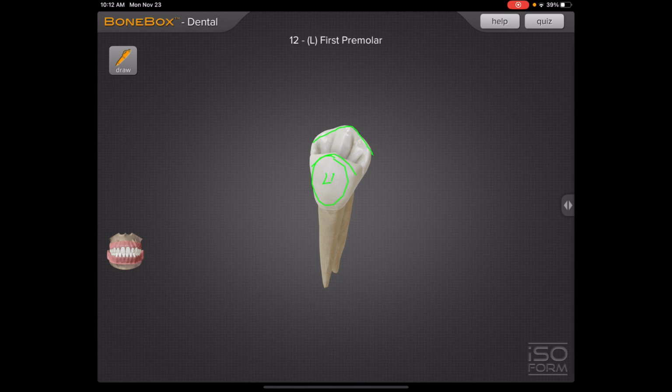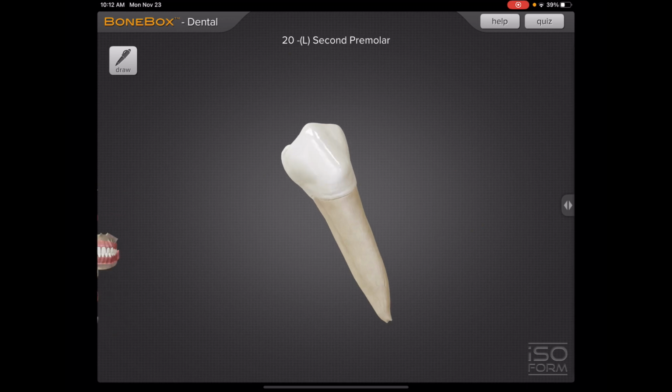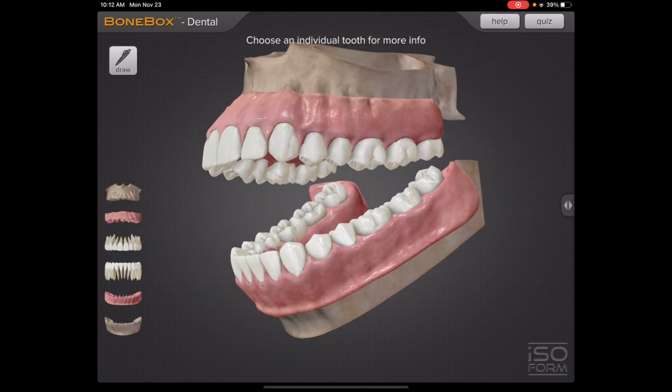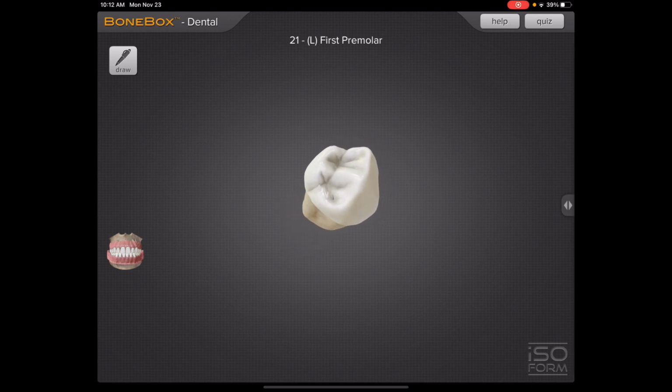For mandibular first premolar, it has the same concept except that it has a smaller lingual cusp compared to your maxillary. But for your mandibular second premolar, it is a different story. Again, I'll have to show you first the mandibular first.